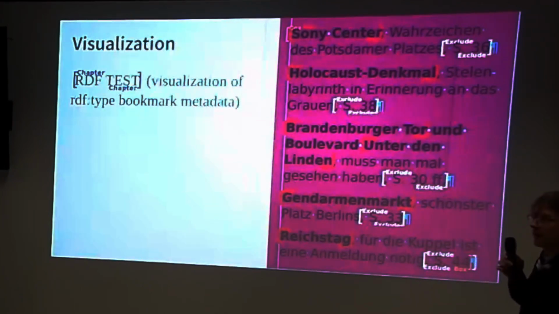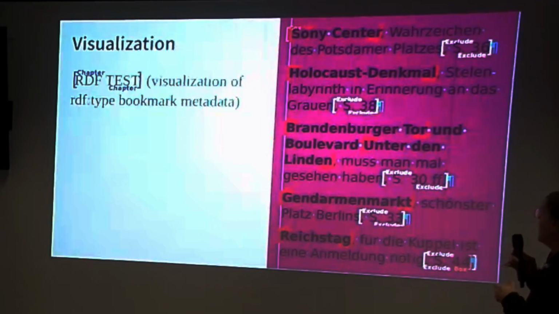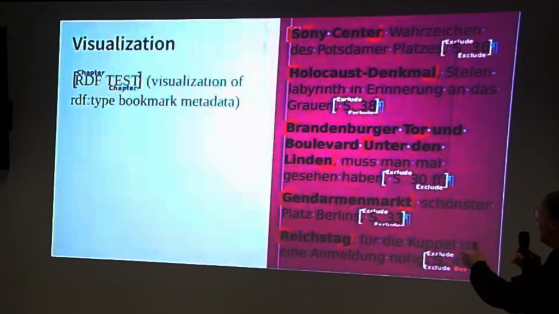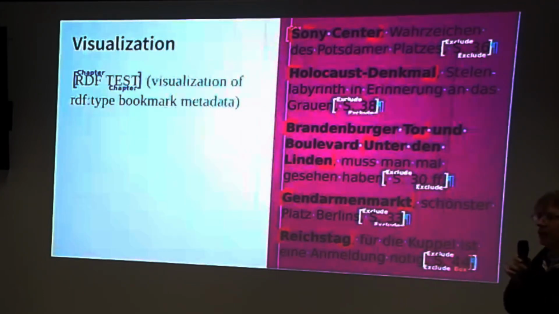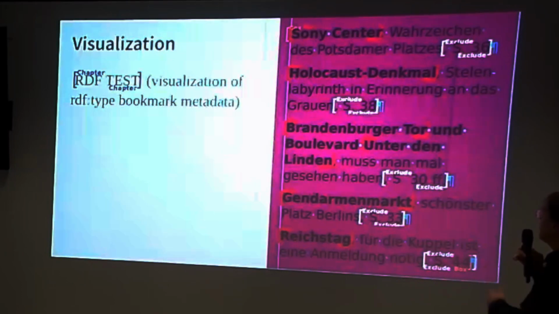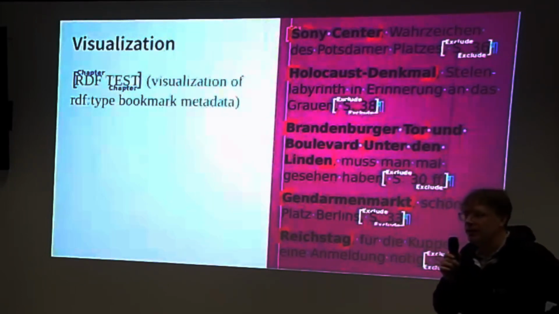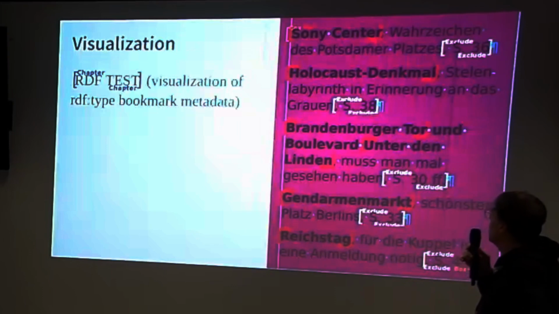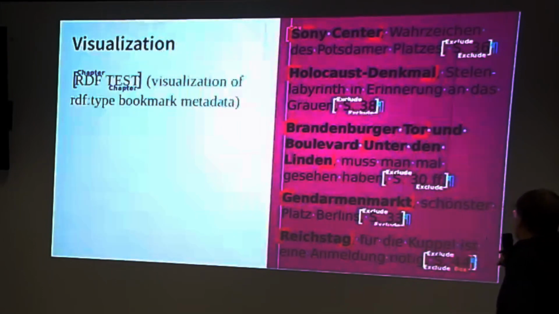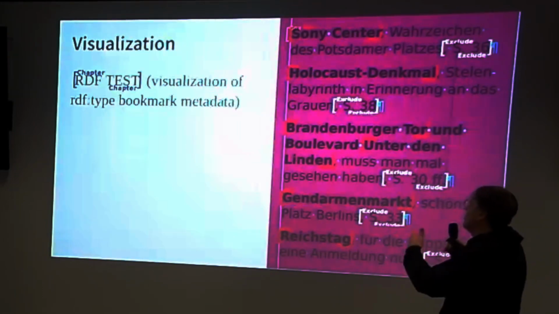This color is specified in the RDF metadata, and there is an RDF type metadata containing the type or tag of this bookmark element. And now it's possible to see this on the document, on the page. This was an extension of the previous patch.